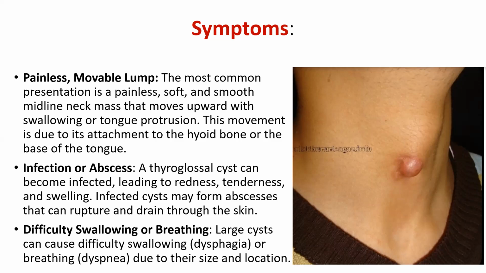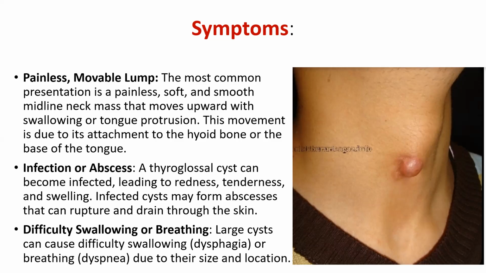It moves upwards with swallowing, and especially if you want to be sure it's the one, you ask the patient to protrude the tongue, and you see movement of this anterior neck mass, which is evident that it's attached to the base of the tongue. It will also move on swallowing.